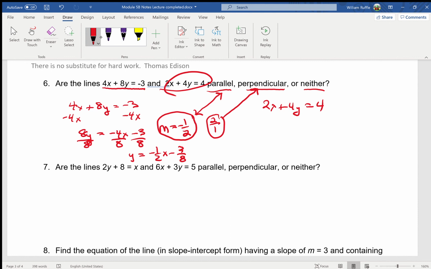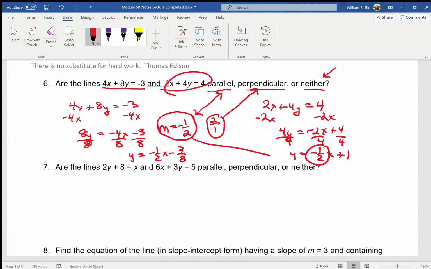Now, if it's neither one of those two answers, that's when it's the neither. So let's solve for y again. So minus 2x, minus 2x. 4y equals negative 2x plus 4. Divide everything by 4, I get negative 1/2 x plus 1. So the slopes are the same, so they are parallel.